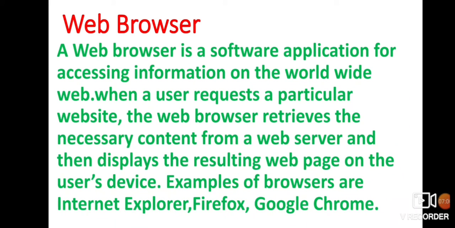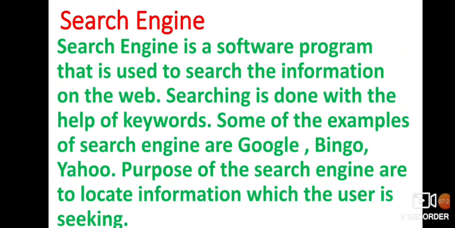There are lots of web browsers at present in our computer industry, that is Opera, UC, and other mobile browsers, which can be used to access information on the World Wide Web.